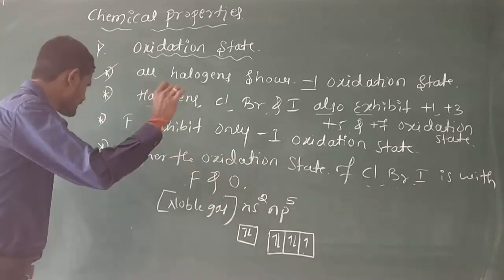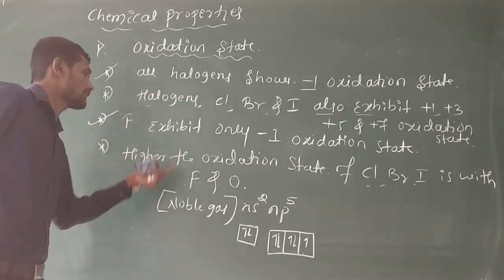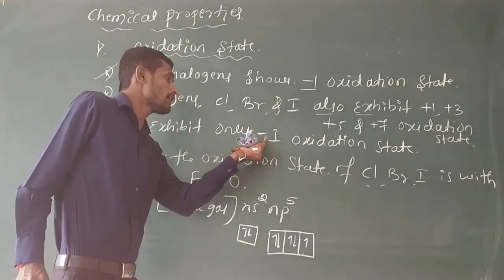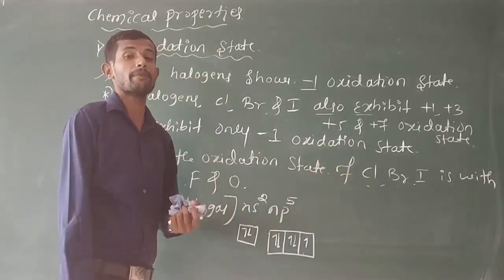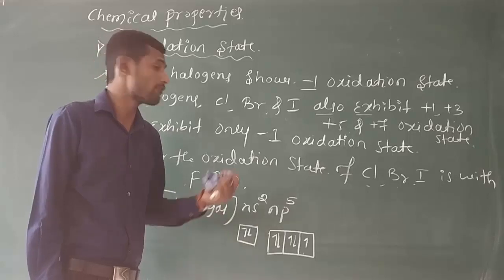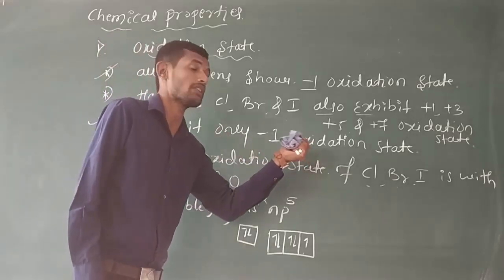Students, I write one very important point here, this third one. Fluorine exhibits only -1 oxidation state. What is the reason behind this? Why does fluorine show only -1 oxidation state?